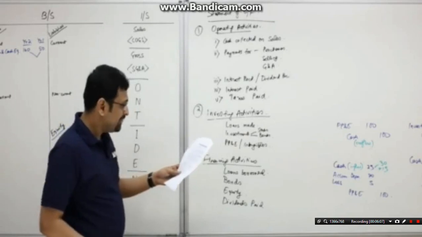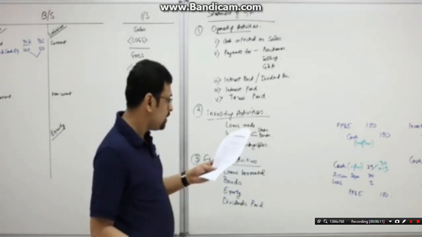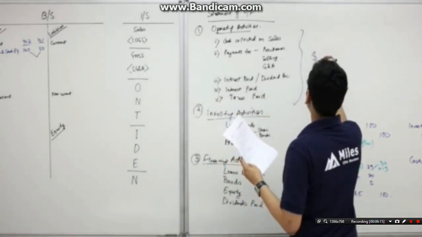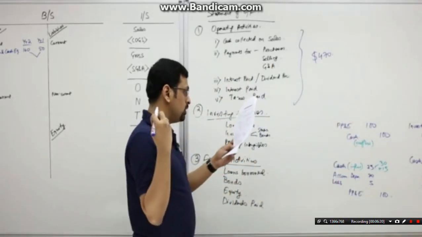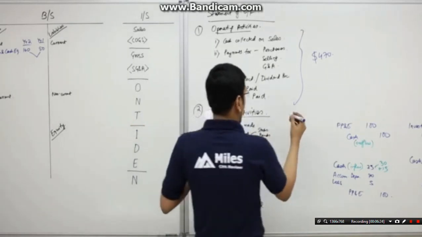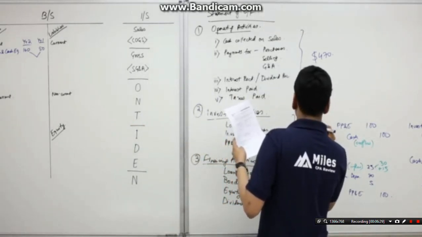So this one has net cash flows from operating activities, and this number is 470. So we had a positive cash flow here, cash coming in from operations, $470. It seems we made a lot of investments this year. Cash went out due to investing activities, $750.